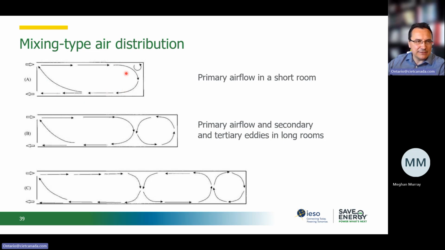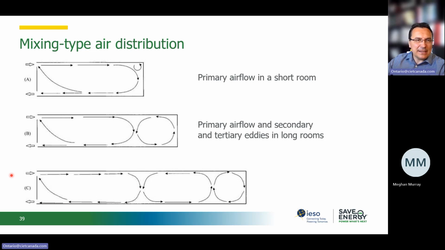Small spaces will have this single loop of fresh air distributed in the space. Larger areas can result in secondary or even tertiary loops for the air that's distributed in the space, and therefore mixing supply air with existing air in the space. And transfer from one loop to another will be happening at the contact points in the space.